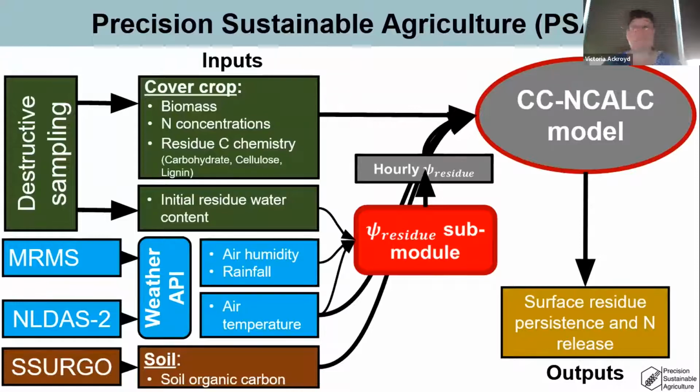So literally like forage testing, forage quality testing, estimating the range of carbon chemistries within the residue. And it turns out that residue water content is a big deal too. So for these surface residue decomposition dynamics, moisture is the big driver.